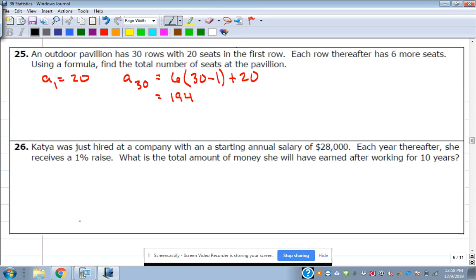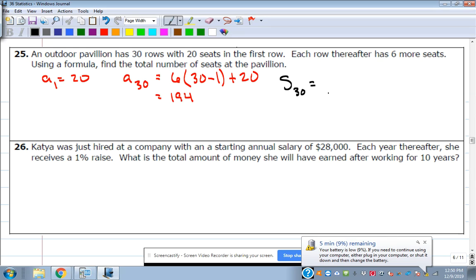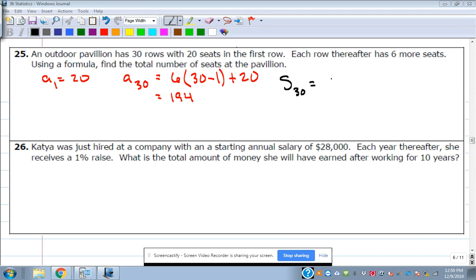Now, to find the sum of the whole pavilion, my battery is dying. I'm going to take 30 times the first row plus the last row, divided by 2.